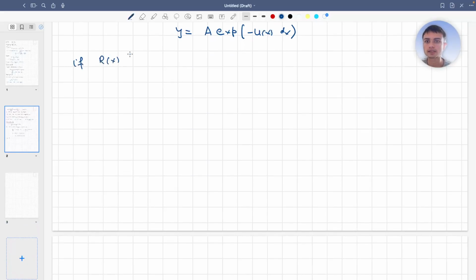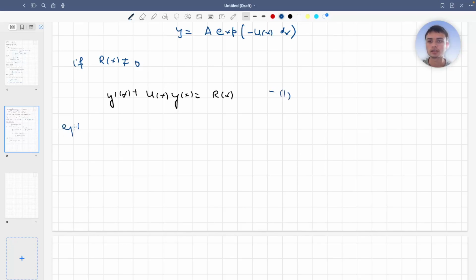Now if r(x) is not equal to 0, what about that case? Let's talk about that case. That goes as y'(x) + u(x) y(x) = r(x). In this scenario I'll use a trick. Let's say this is equation 1.